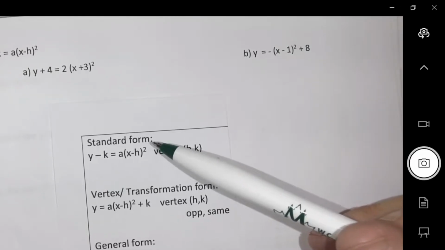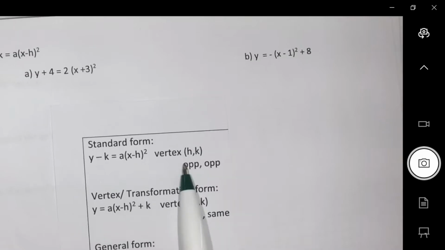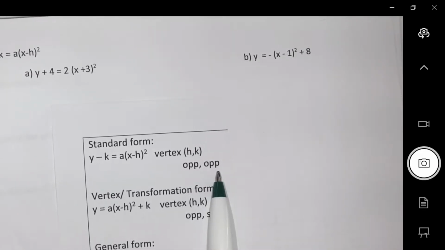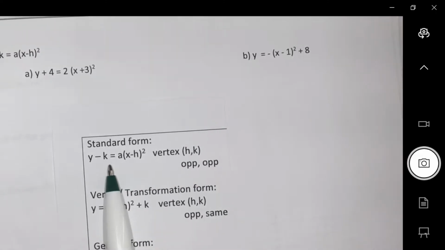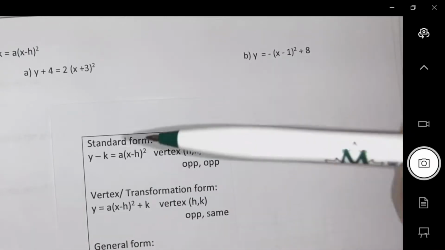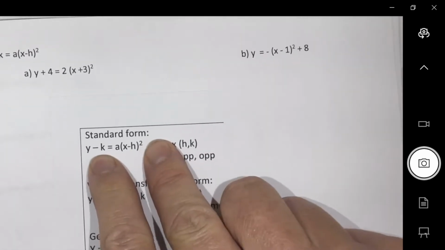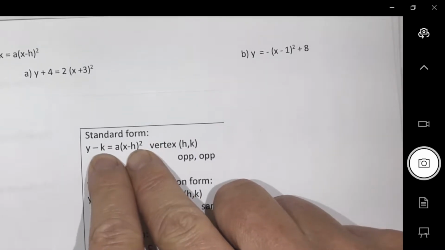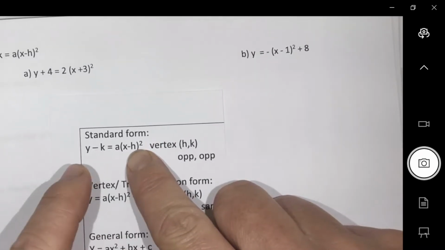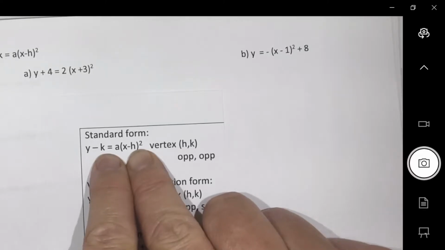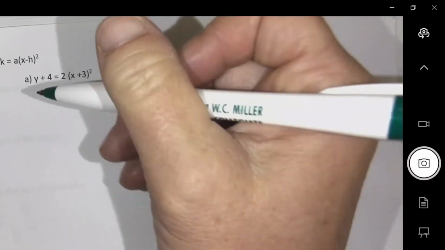I'm not going to give you this on your test where I tell you to do opposite, opposite. You don't get that info on your test. So in this form, I need to memorize that it's opposite, opposite. But here's the hint: you get the form. When you see something with a minus in it, it's going to mean opposite. So the vertex is?